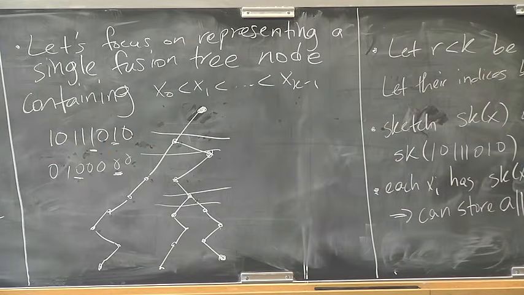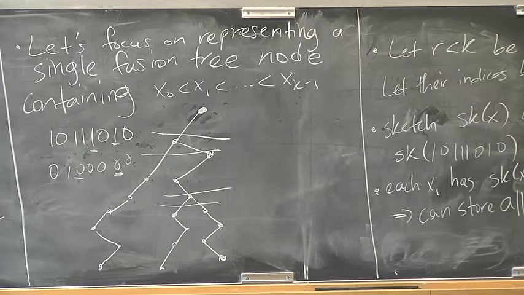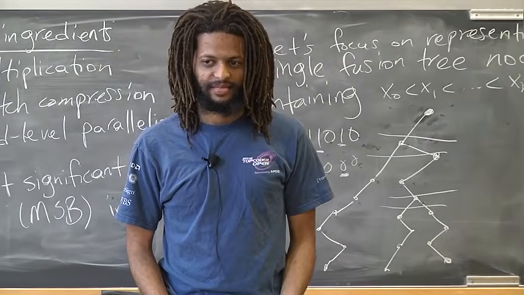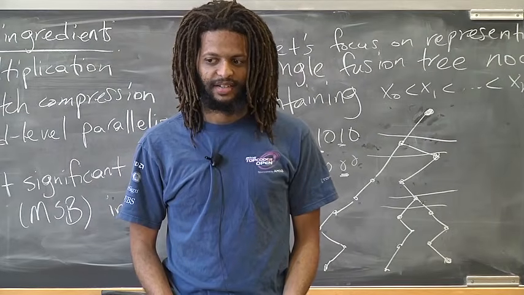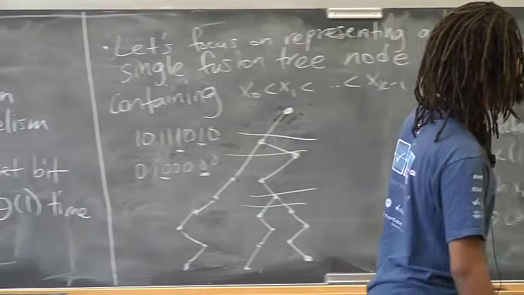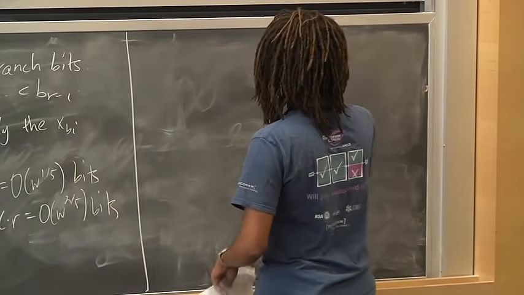There's probably a more serious issue, though, which is that the query element doesn't need to be one of the xi's. So let me draw an example. So let's say there are 4 bits.